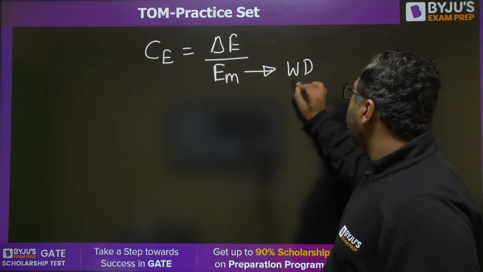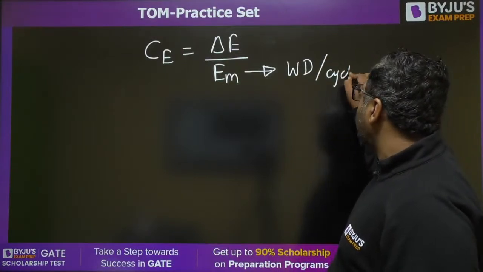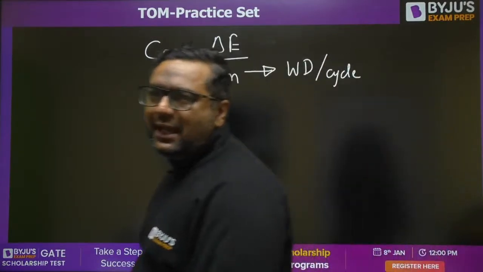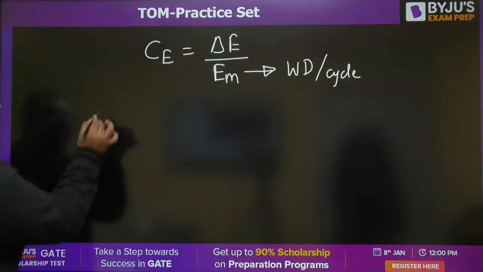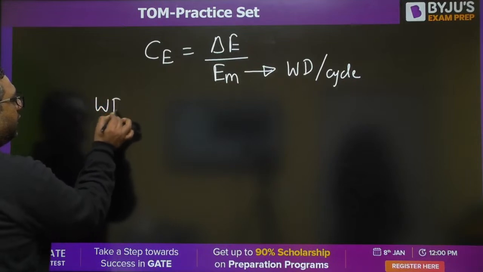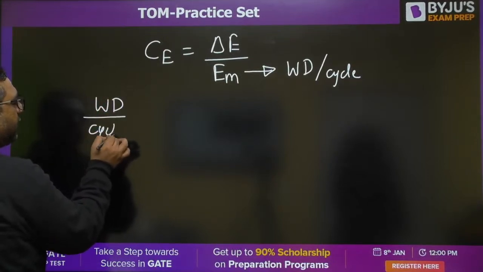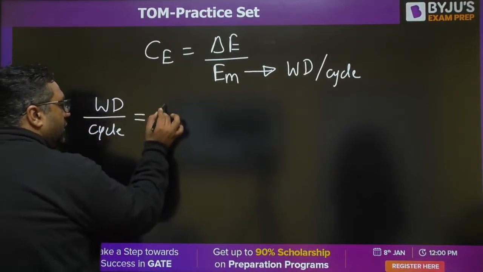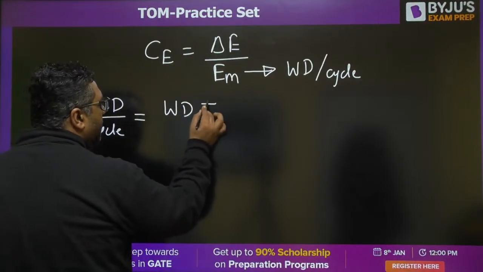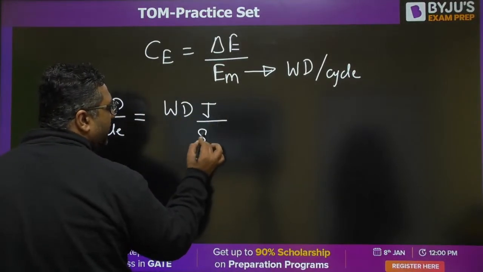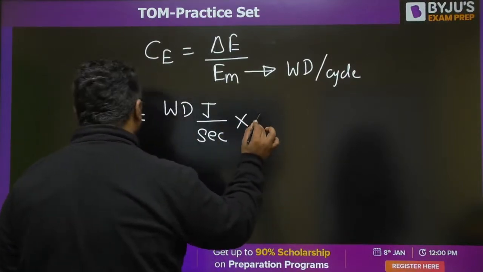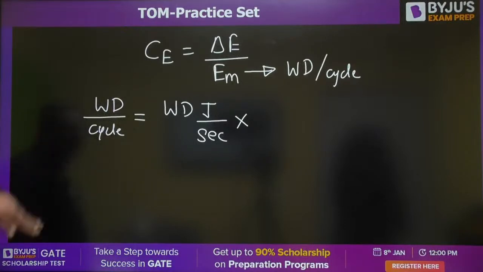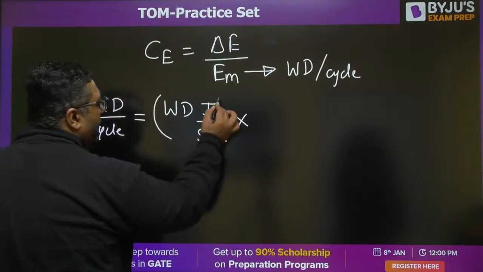E mean can be written as work done per unit cycle. Work done in a cycle is said to be mean energy. So my dear, work done in a cycle can also be written as work done in joule per second into time. Joule per second is the power.